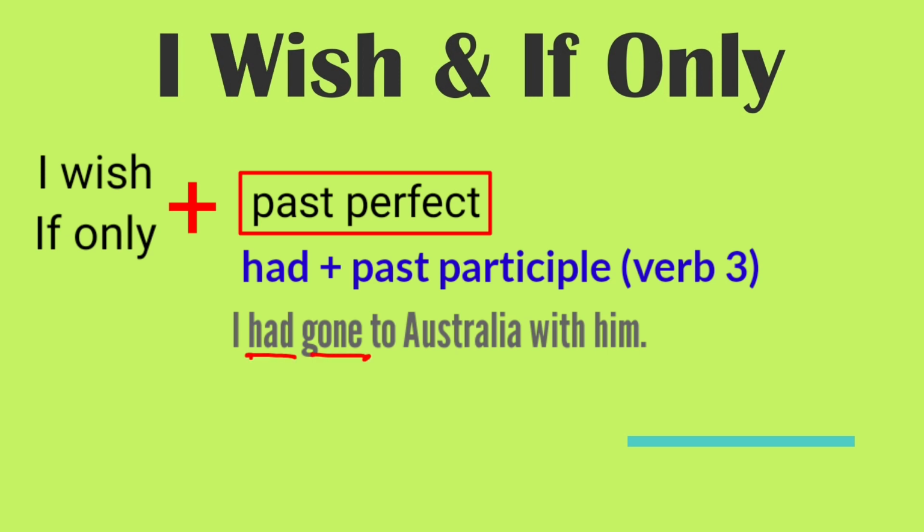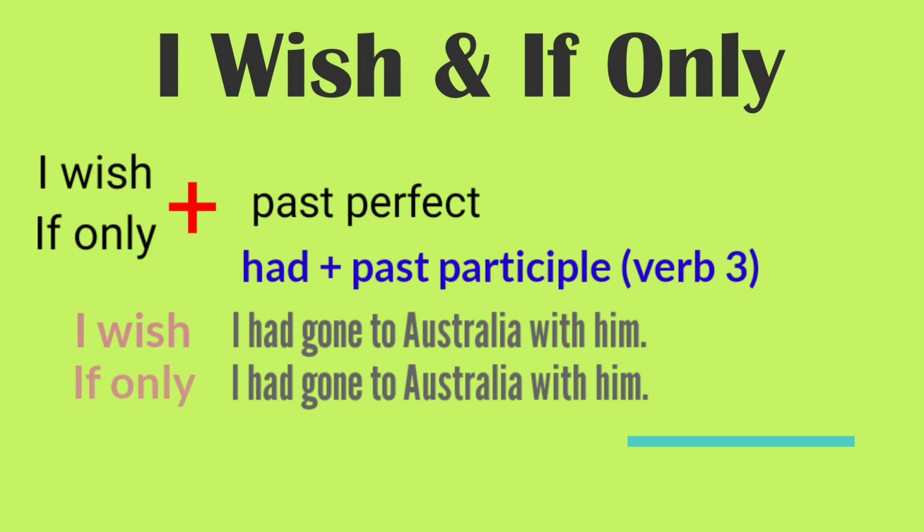Had plus past participle. To express regret, we'll just have to add I wish or if only plus I had gone to Australia with him. So that's if only I had gone to Australia with him. I wish I had gone to Australia with him.